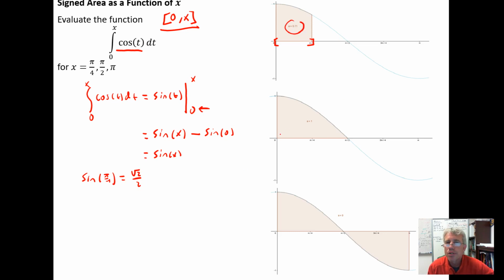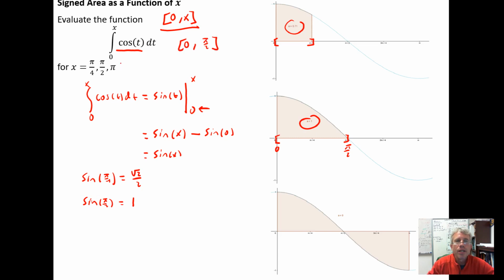If instead we wanted to know the area under the curve on the interval from 0 to pi over 2, now we can just plug pi over 2 in for x. I can say, hey, what's the sine of pi over 2? Well, the sine of pi over 2 is just equal to 1. The area under the curve is 1 on the interval from 0 to pi over 2.